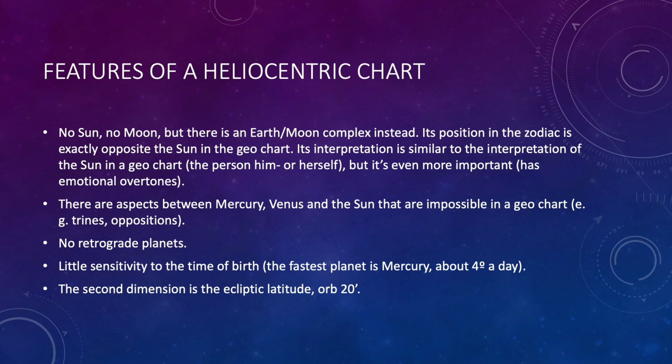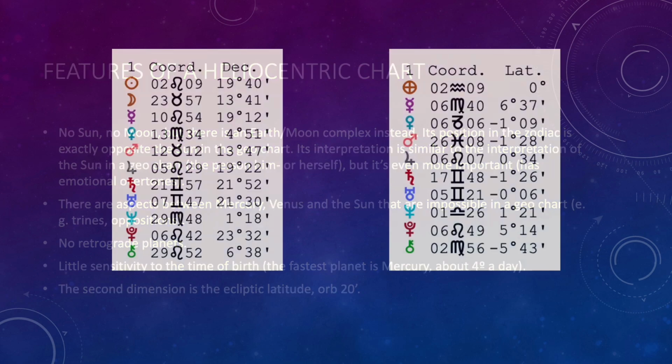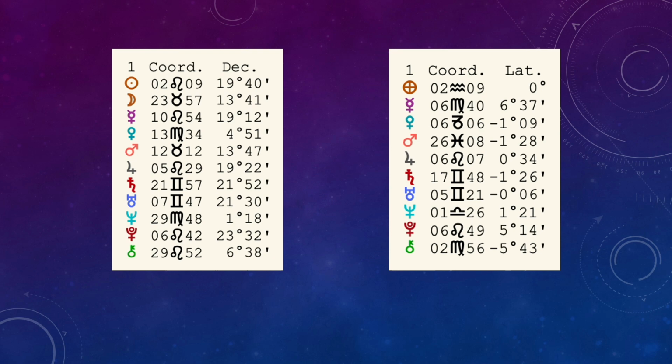And there can be the aspects of latitude, a parallel and a contraparallel. The slide shows the positions of planets for Mick Jagger, and you can see declinations for the geochart and latitudes for the heliochart. Notice that declinations of the planets are distributed in a rather wide range, from 1 degree with minutes in case of Neptune to almost 30 degrees in case of Chiron.